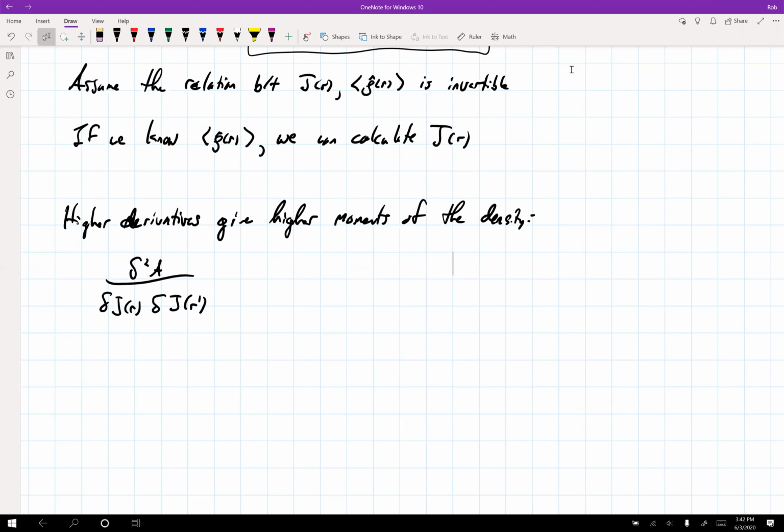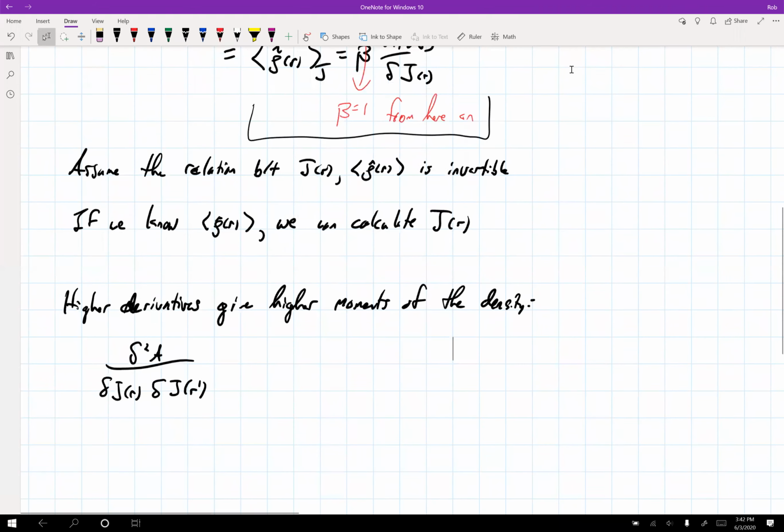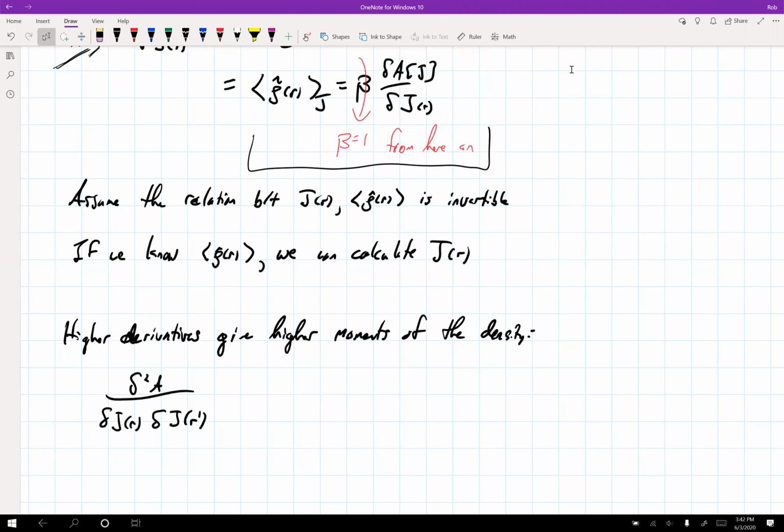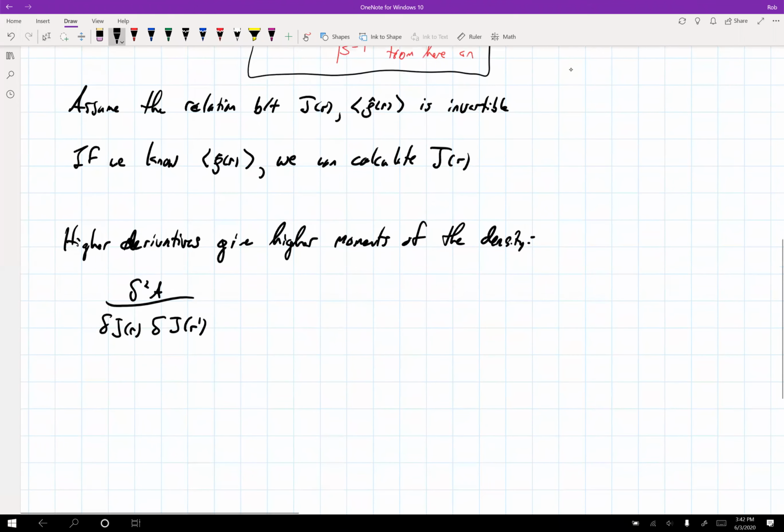All right, so again, we were discussing the second moment of this free energy, the variation of the Helmholtz potential. We know that if we take one derivative of the potential with respect to this external field, we get the average density. So this is equal to d average rho hat of r in the presence of j, of r prime.